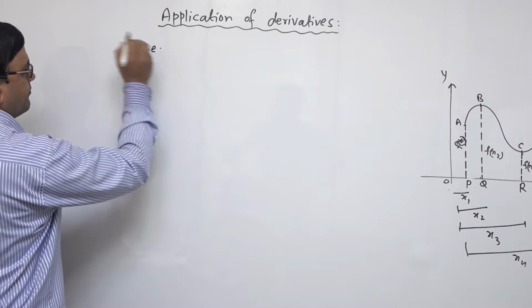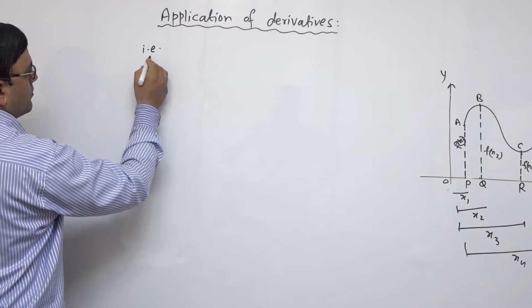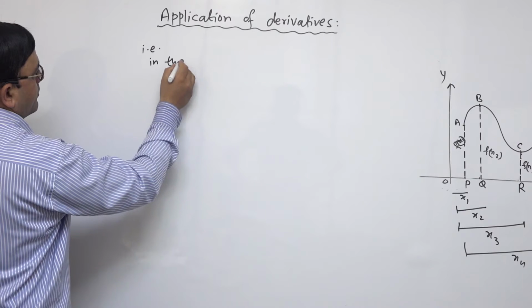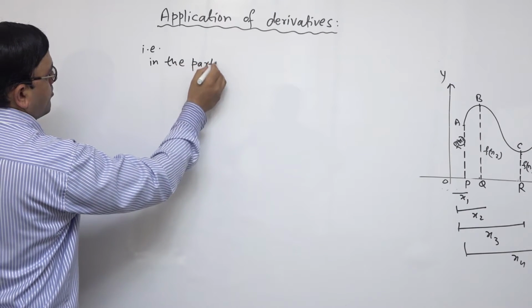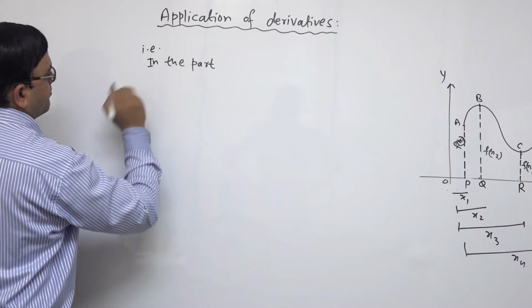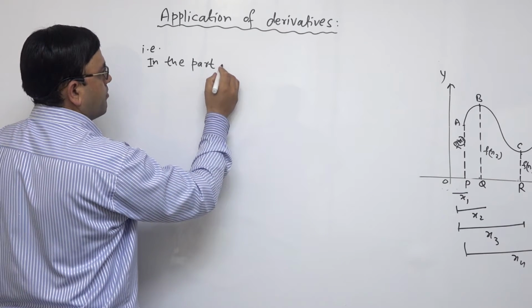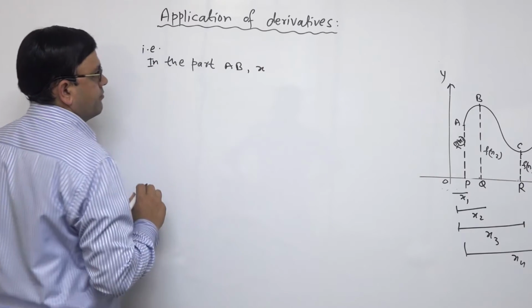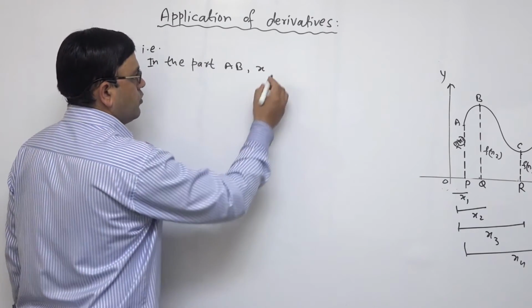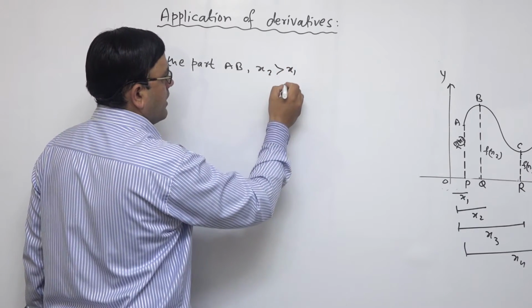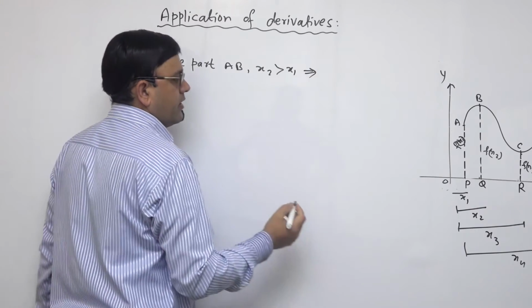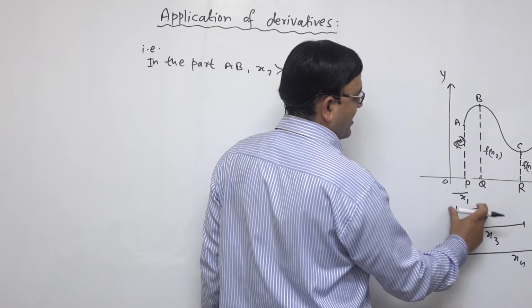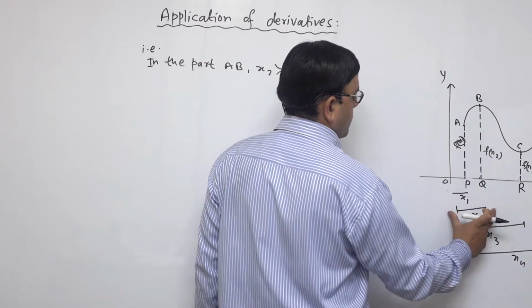In the part AB, x2 is greater than x1, which gives, look, x1 is small and x2 is big.